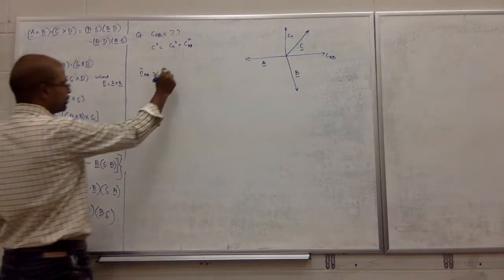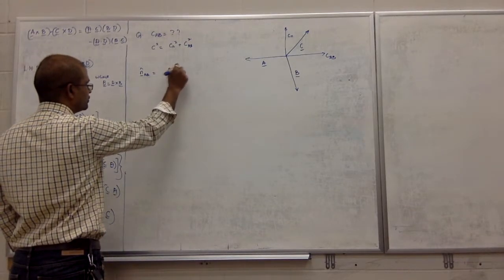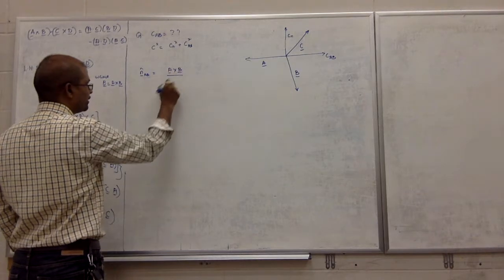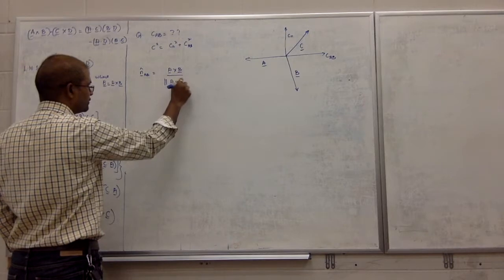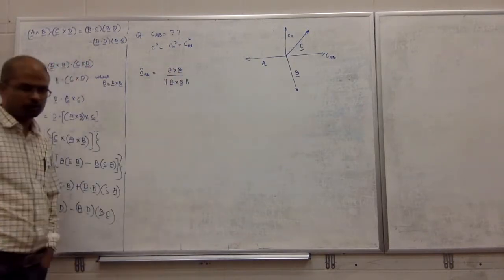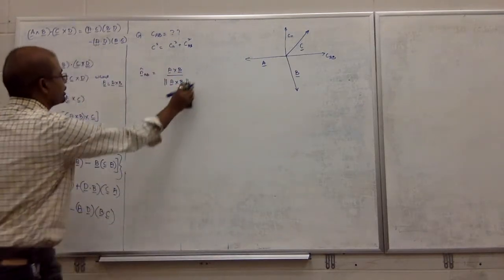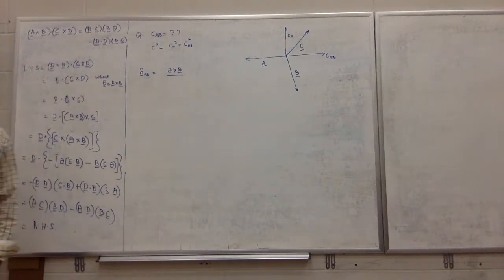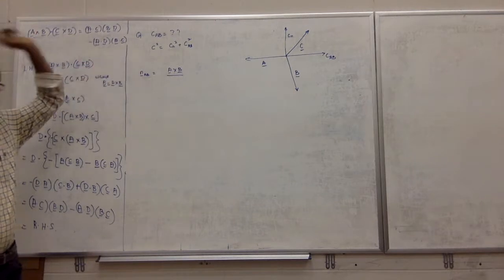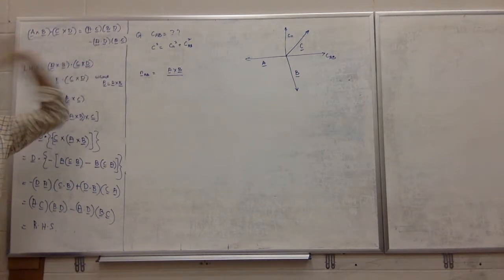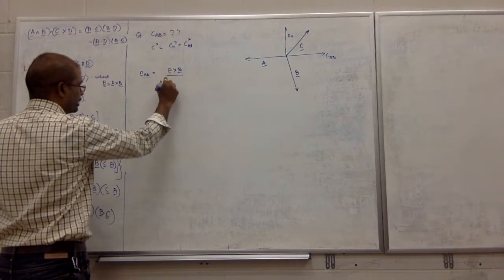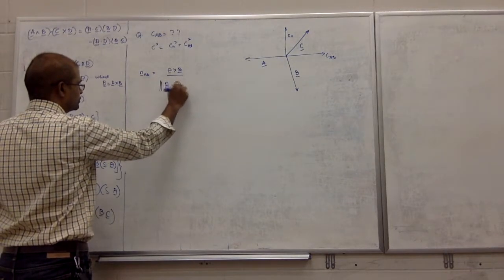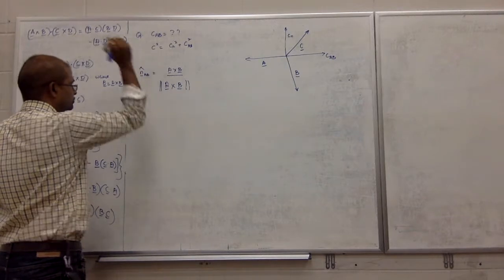So if you do A cross B divided by the magnitude of A cross B, or think about it like this: what is this vector? And if I divide this by its magnitude, I'm going to get n cap.